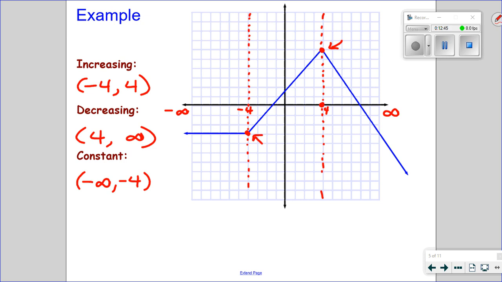Like the graph is changing from being constant to increasing, or the graph is changing from increasing to decreasing. So we're not going to include those points in the intervals, and so that is why I am using parentheses instead of brackets on intervals of increase, decrease, and where the function is constant. Okay, moving on.